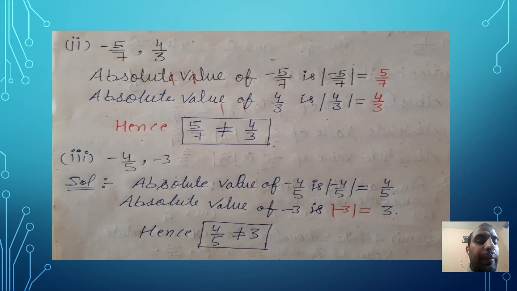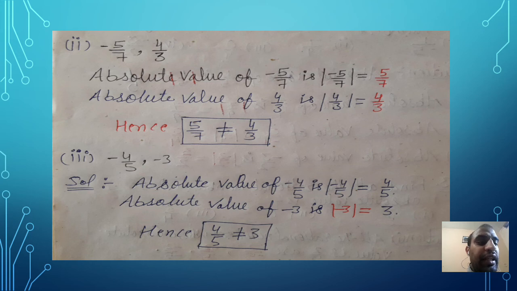Next is minus 4 upon 5 and minus 3. So the absolute value of minus 4 upon 5, mod of minus 4 upon 5, is equal to 4 upon 5. Once again, as I told you, when a negative sign is there, after taking absolute value it becomes positive. And next is the absolute value of minus 3. This you did in class 6th also.